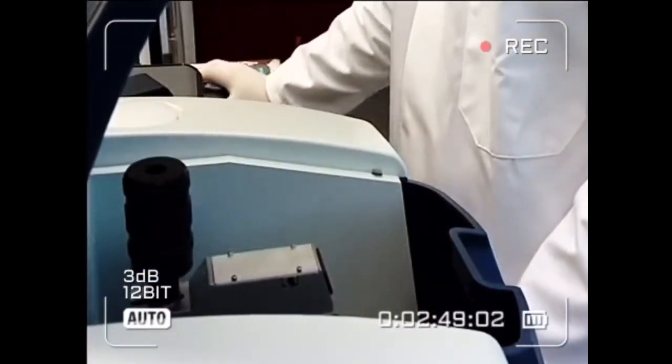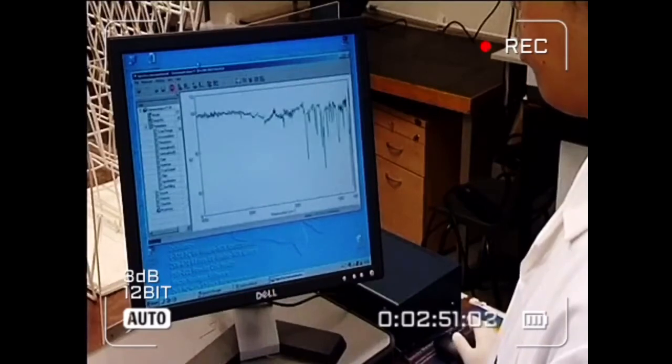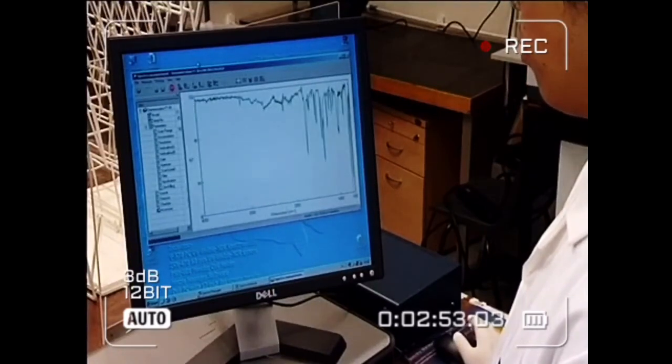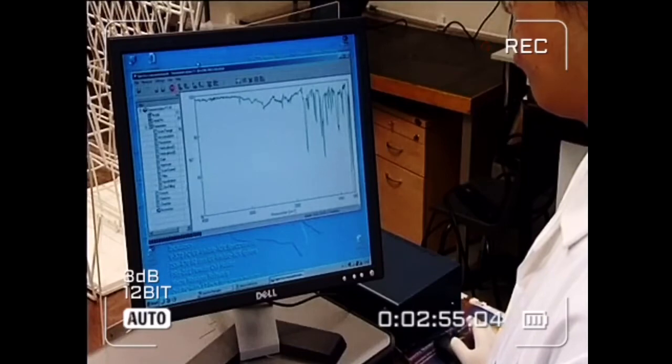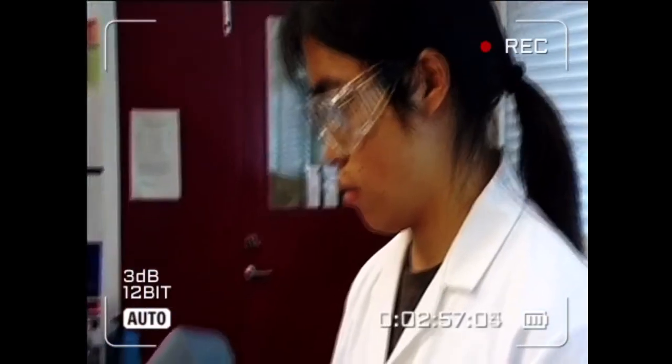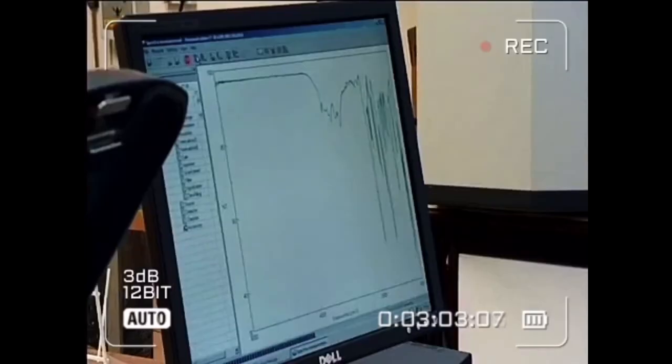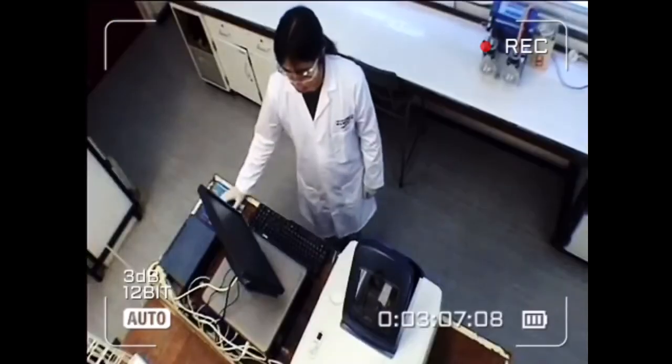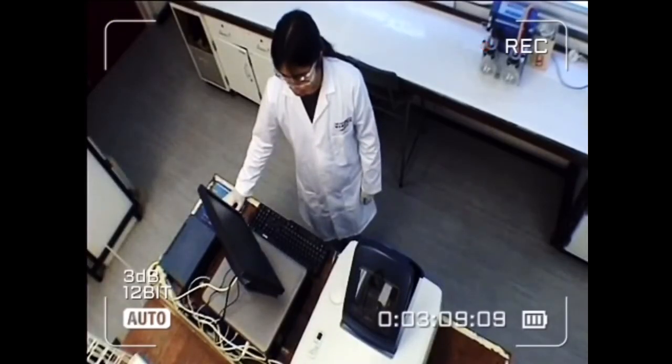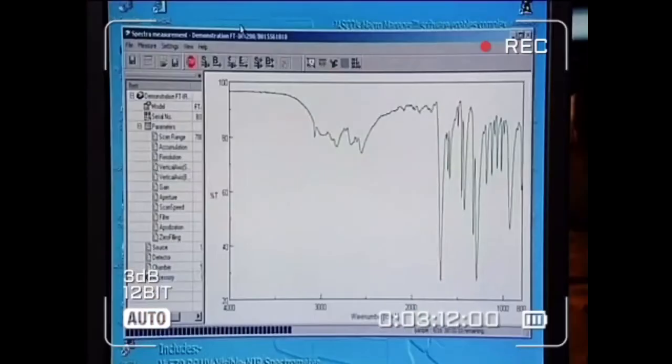This passes through the sample into the detector. The interferogram that arrives at the detector can be decoded by a mathematical technique called the Fourier transformation. This gives the intensity of the infrared radiation at each frequency separately. This transformation is handled by the computer and produces a graph of percentage transmission against wave number.